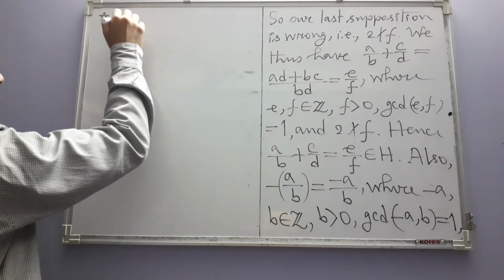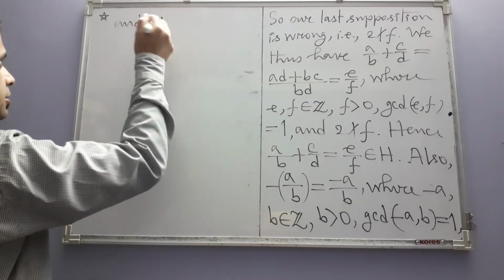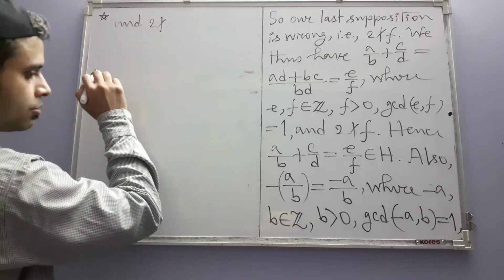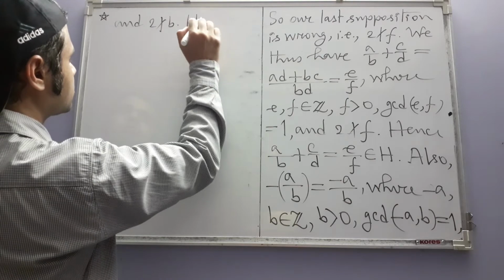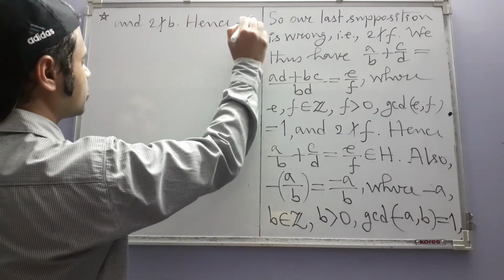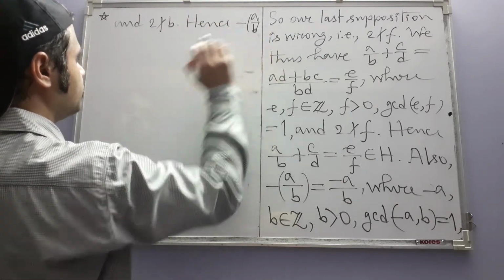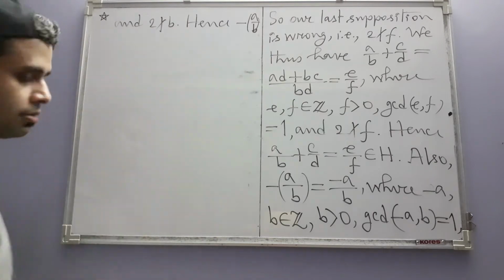And that condition still persists, that 2 does not divide B. Hence, the negative of A divided by B, it looks awful.